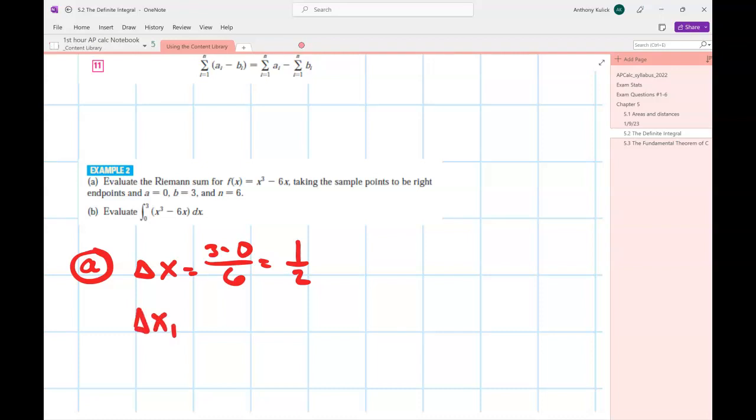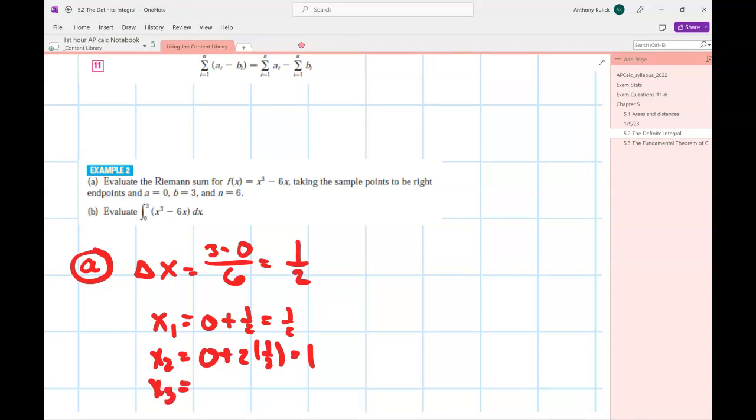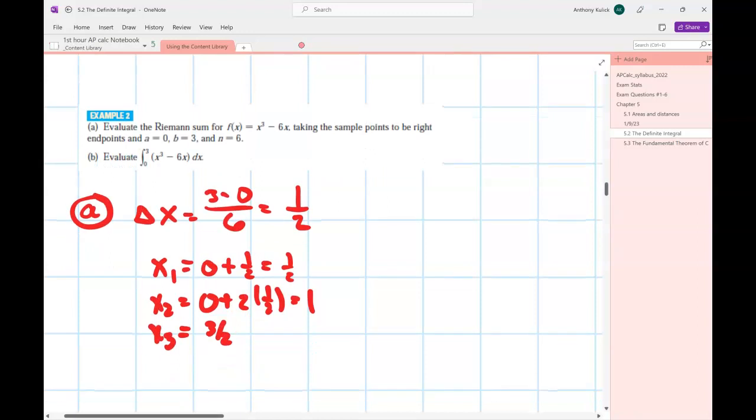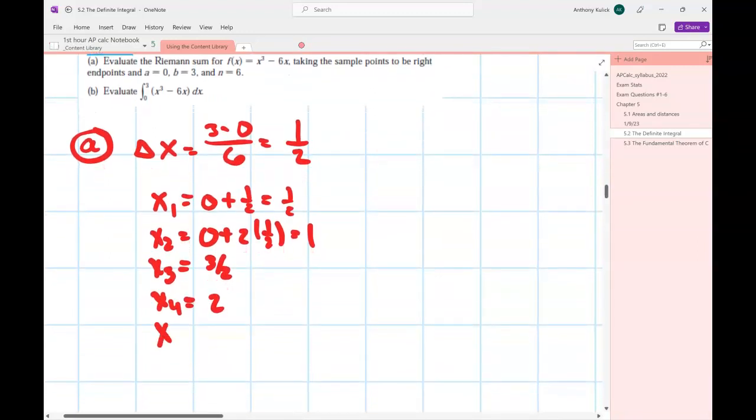I'm going to have 6 of these x points. So I have a plus delta x, a plus 2 delta x, a plus 3 delta x, a plus 4 delta x, a plus 5 delta x, and then a plus 6 delta x.